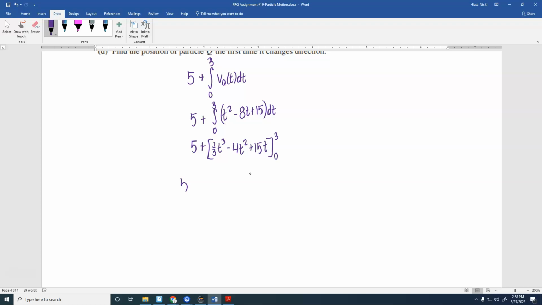And then we would need to do 5 plus, we got 1/3 times 3 cubed minus 4 times 3 squared plus 15 times 3, minus 1/3 times 0 cubed minus 4 times 0 squared plus 15 times 0.